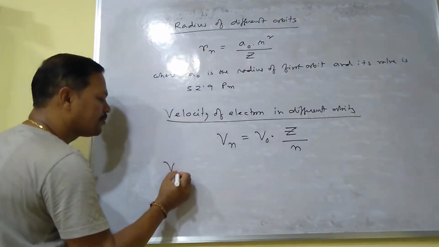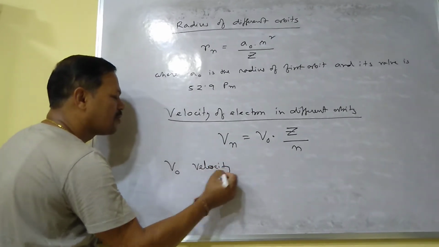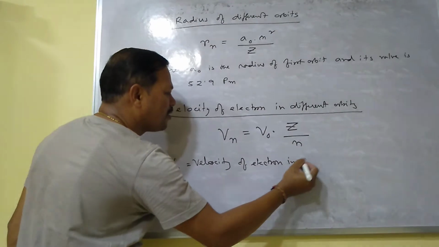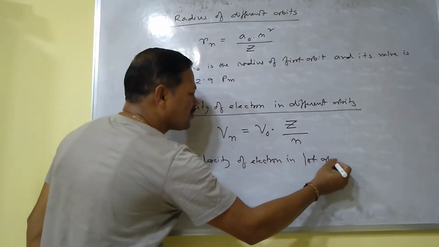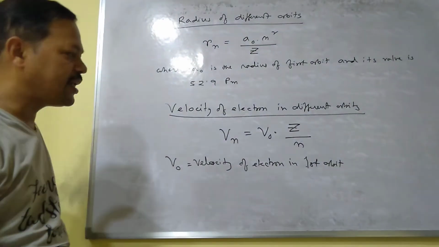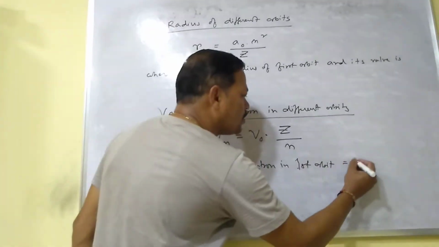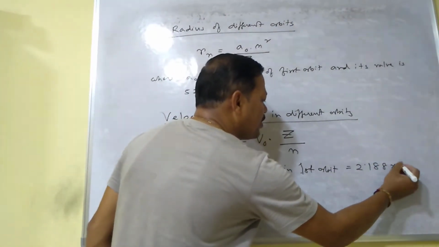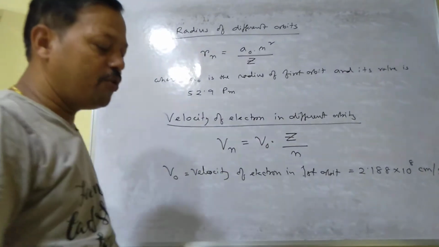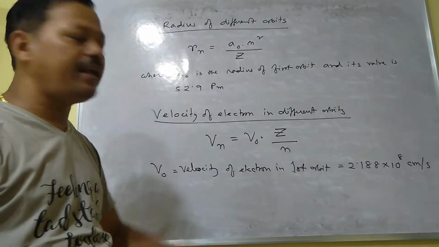V naught means the velocity of electron in the first orbit. That was determined, and it is represented by V naught, and its value is 2.188 into 10 to the power 8 centimeter per second. This is the value of the velocity of the electron present in the first orbit.